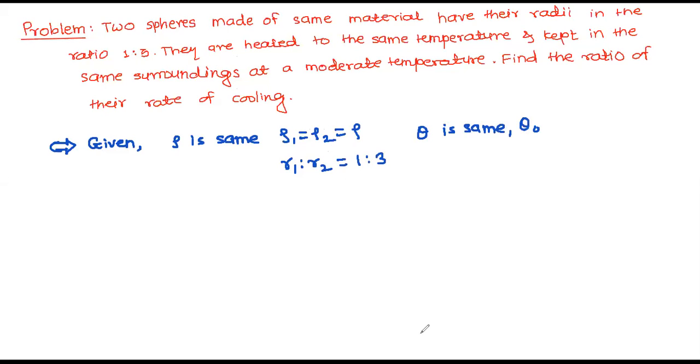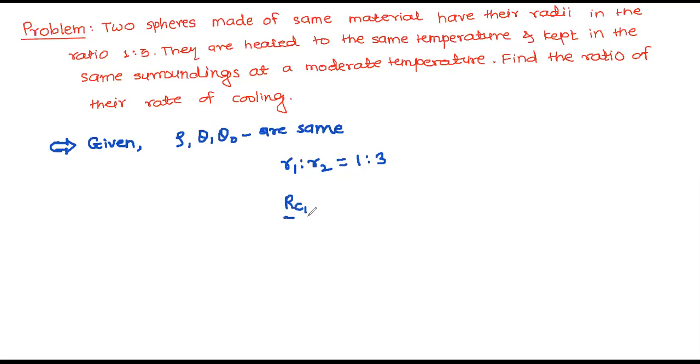So I am writing in one line directly: rho comma theta naught are same. And you have to find the ratio of their rate of cooling, that is RC1 divided by RC2 is equal to question mark.